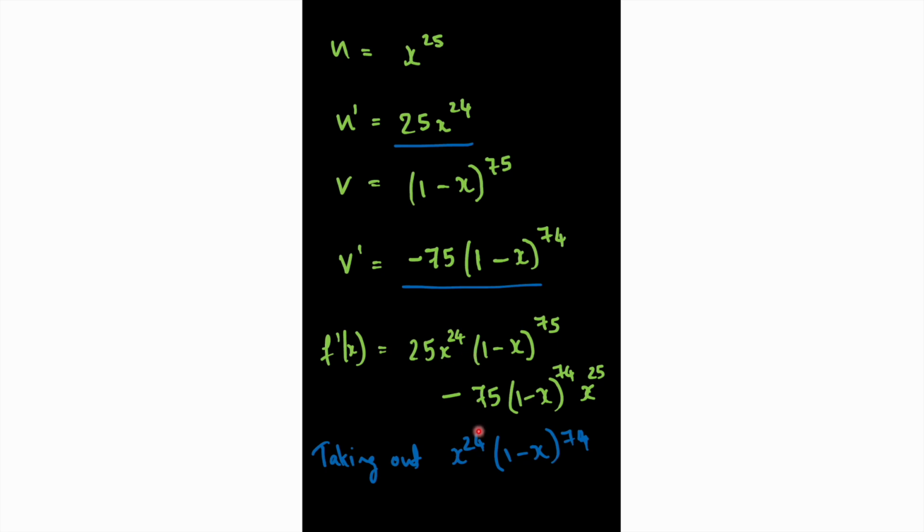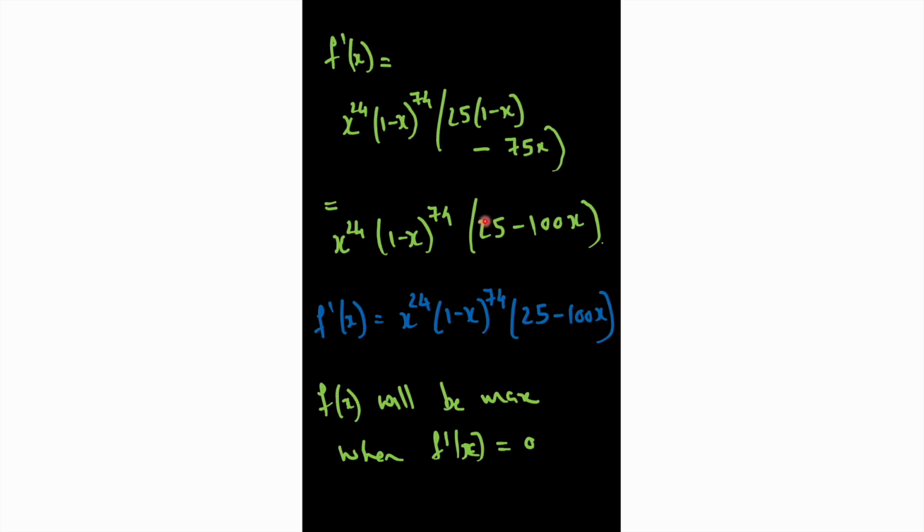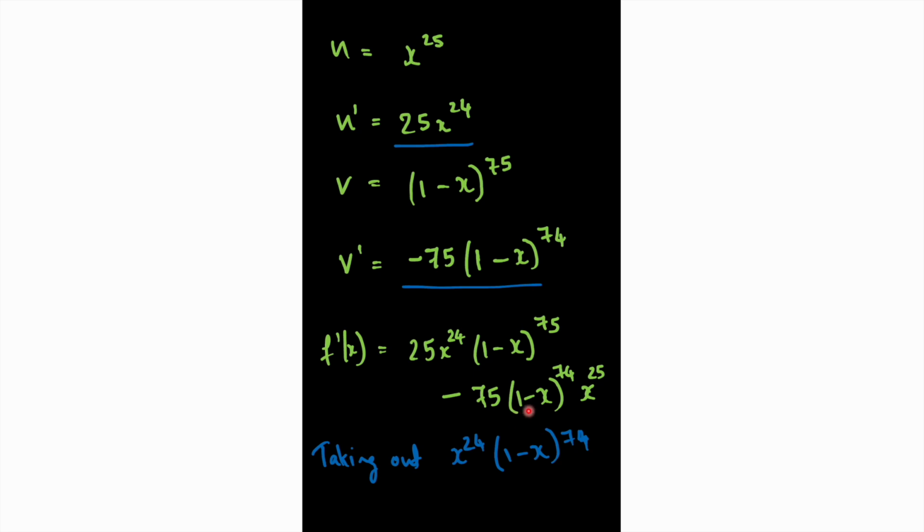So x raised to 24 and (1 minus x) raised to 74 are both taken outside. In the first expression it will be 25 into (1 minus x), and in the second expression it will be left with minus 75x.